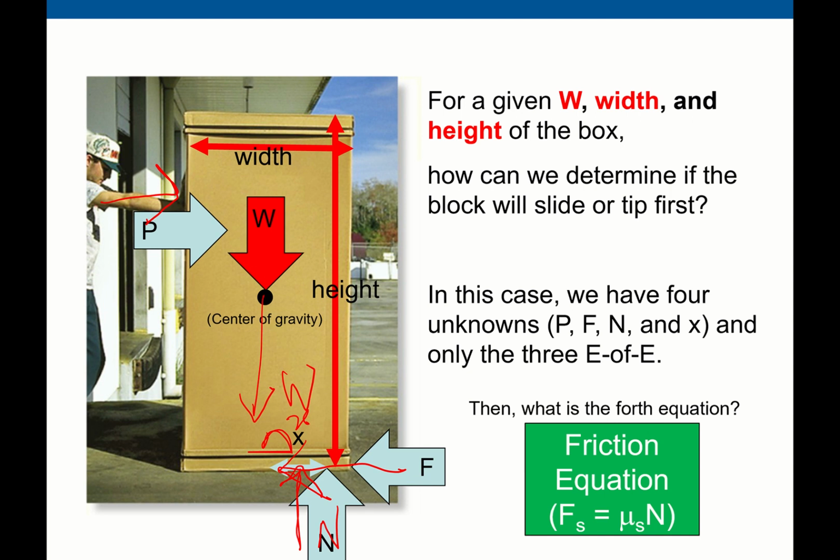So this is our fourth hidden equation to solve for the unknown variables. Please remember that once the object reaches impending motion, the frictional force is at its maximum. So the static frictional force is the maximum frictional force, relatively higher than the kinetic frictional force.